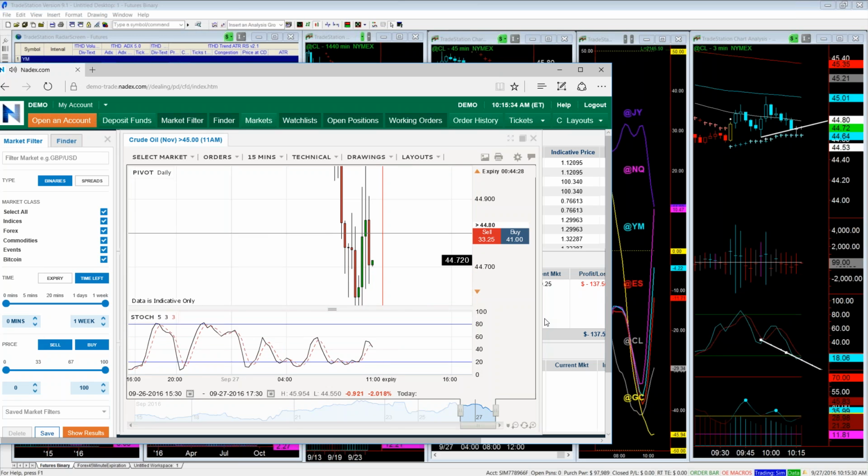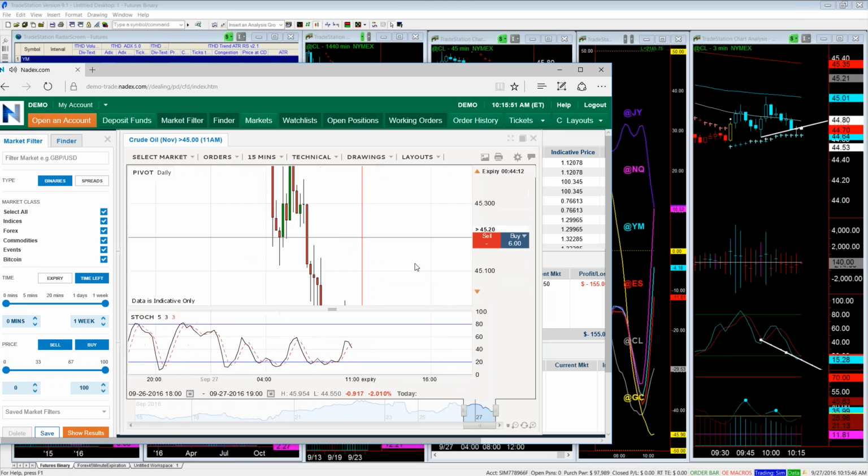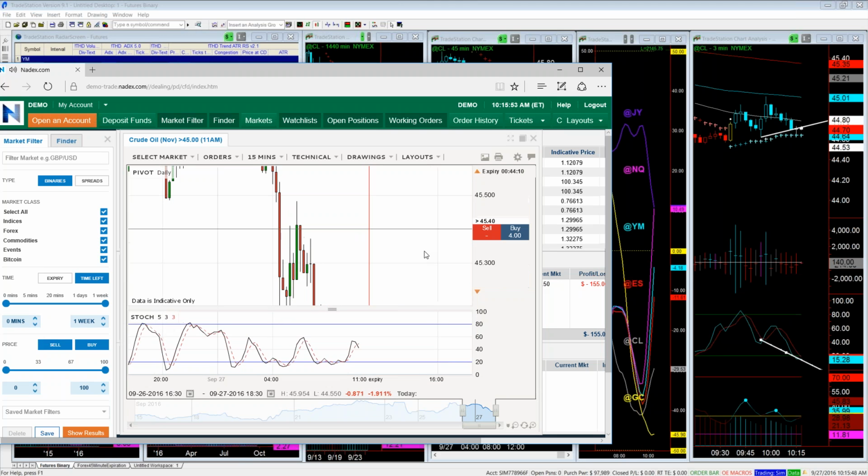And this is why I tell you, make sure there's enough room. You want your binary to be able to go 2 strike prices in your favor, okay? And this is why I wanted to show y'all, we went to 45, but it needed to be able to move to at least 45.40.